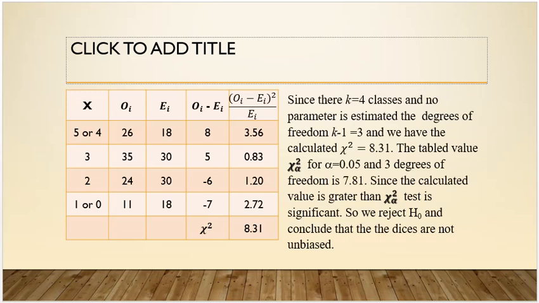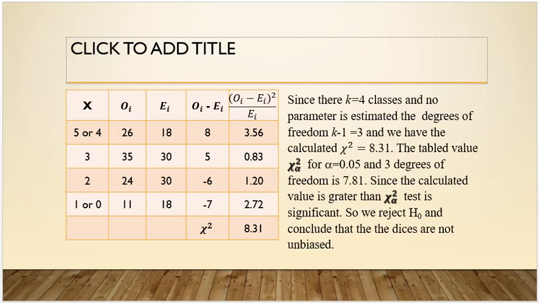So here you have only 4 classes, so your degrees of freedom is 4 minus 1. Since no estimation is done, r equal to 0, so the degrees of freedom is 3, and we get the chi-squared as 8.31, and from the table for these degrees of freedom it is 7.81.